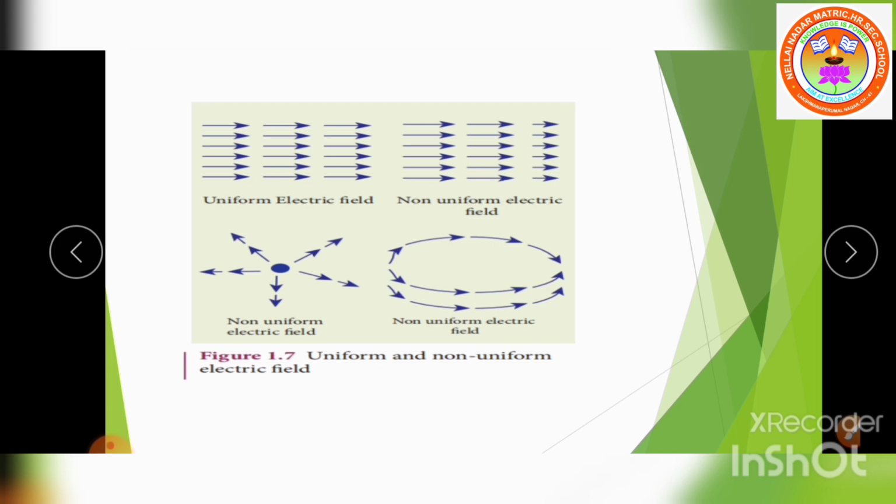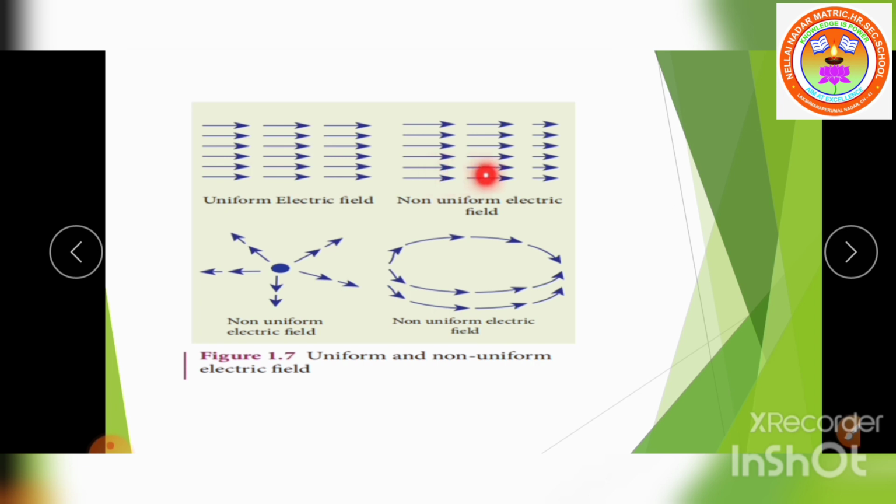Now there are two kinds of electric field. One is uniform electric field, another one is non-uniform electric field. The uniform electric field has the same direction and a constant magnitude at all the points in space.